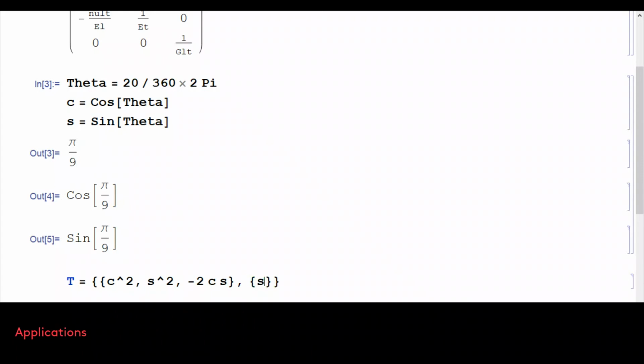Second row is S square, C square, 2CS, and the last row is CS, minus CS, C square minus S square.